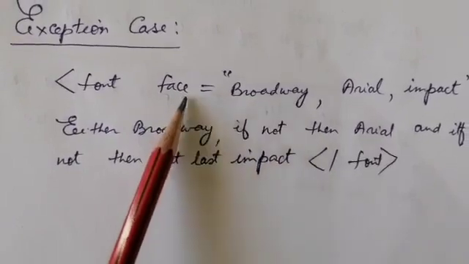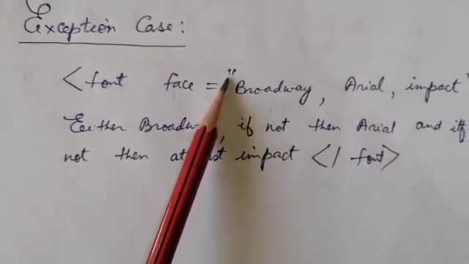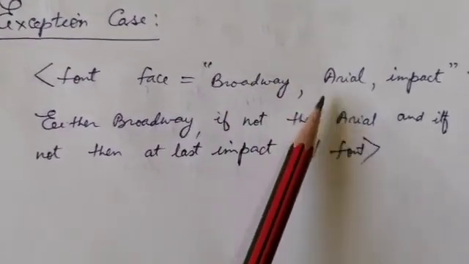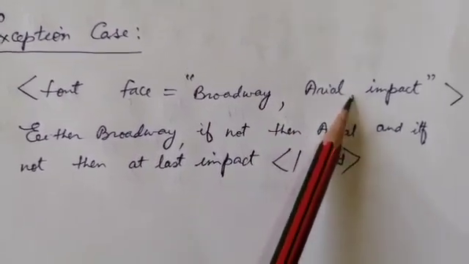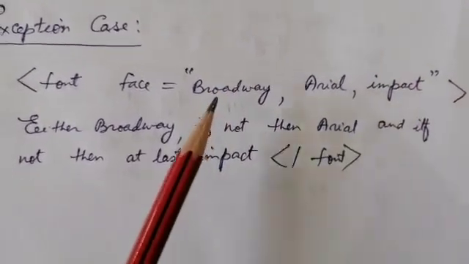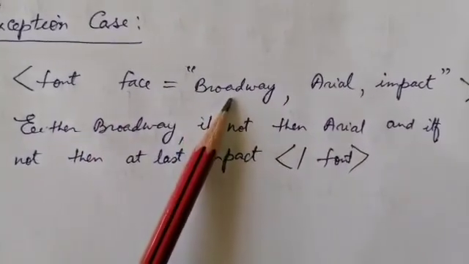Font face is equal to Broadway. Here the double quote is given. Broadway, this is one of the font names, comma, Arial, comma, Impact, double quote end. That means we are telling the browser to use the font face Broadway first.